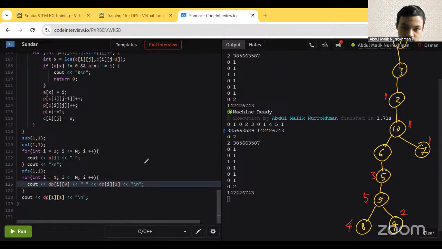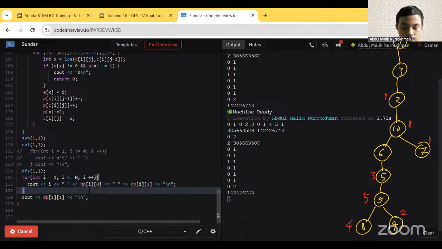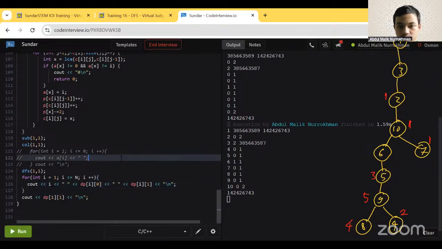Or let's output in this way. Alright, so for 8, of course, we can only make it colored, we cannot make it uncolored, so just 0, 1, like this.